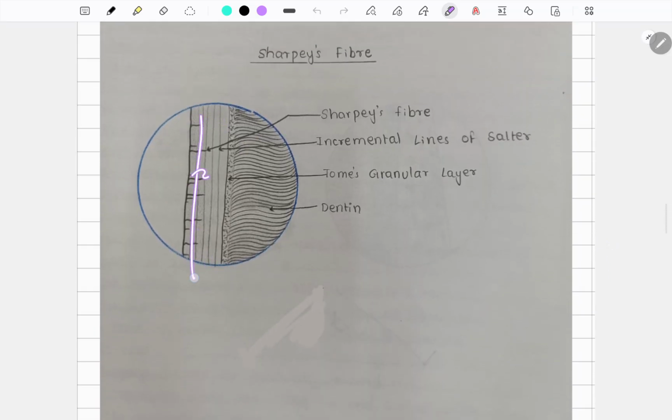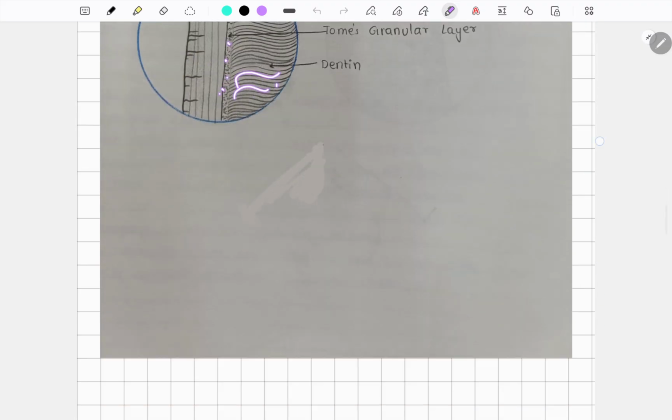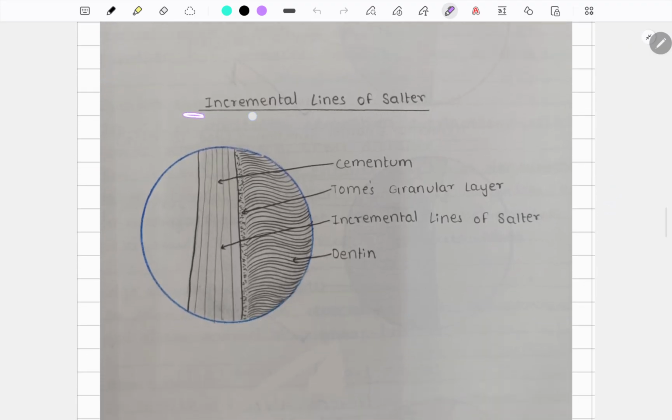So this will be the incremental lines of Salter, Sharpey's fiber, and then Tomes granular layer, and there will be dentine. As there were incremental lines of Retzius and incremental lines of von Ebner in enamel and dentine, in cementum it is incremental lines of Salter. If you can see nothing, you can write incremental lines of Salter or Tomes granular layer also. For this you can write.